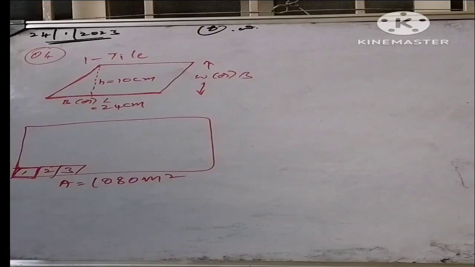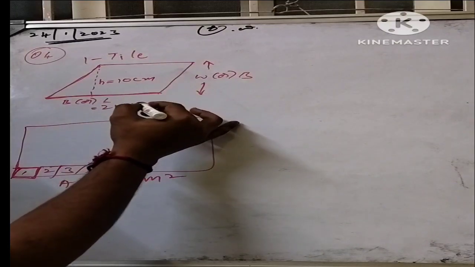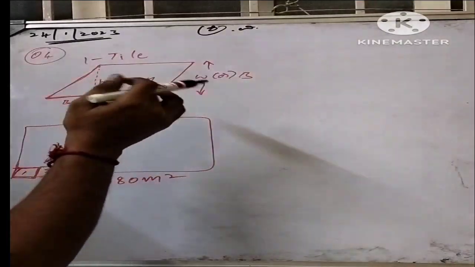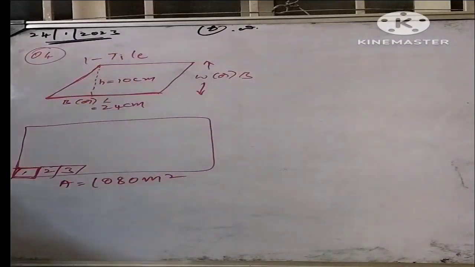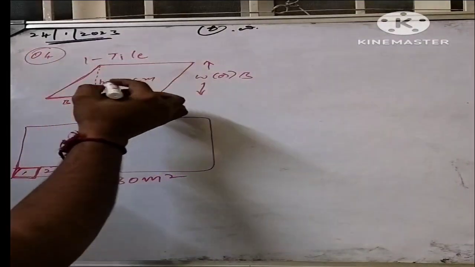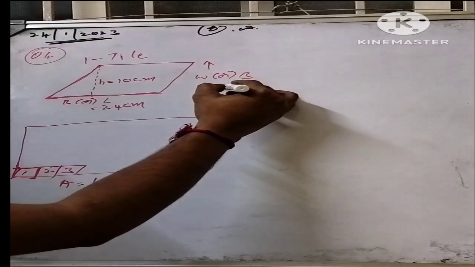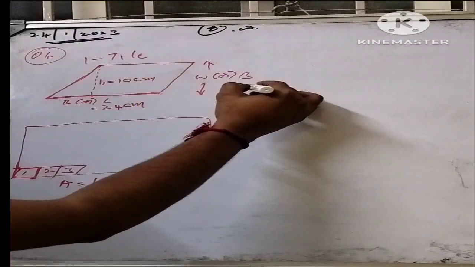Let's convert the data into meters. Why? Because there should not be confusion while finding the area. So now we know that the height is 10 centimeter.